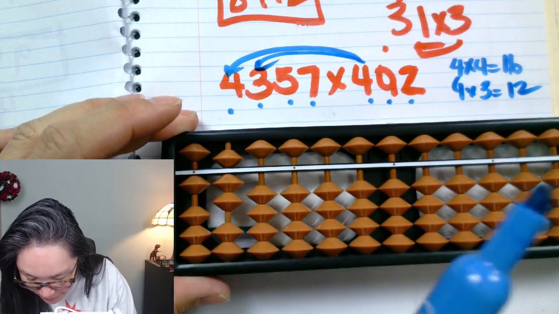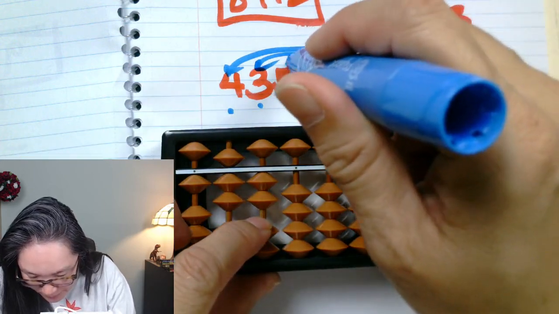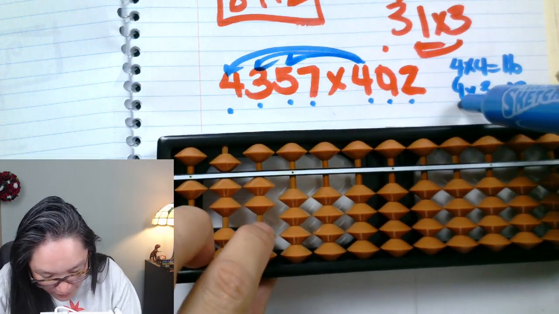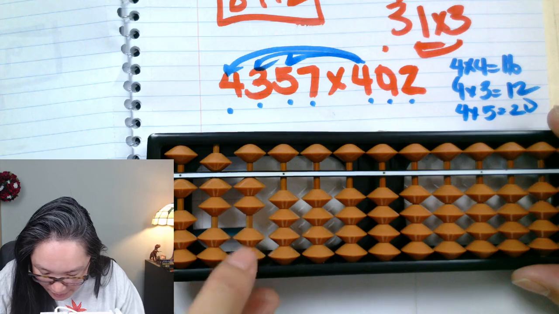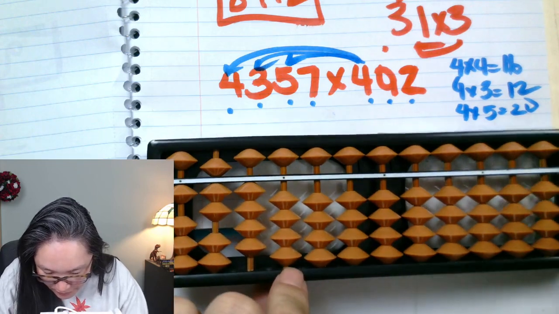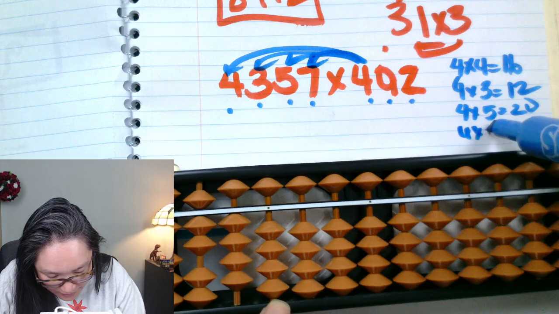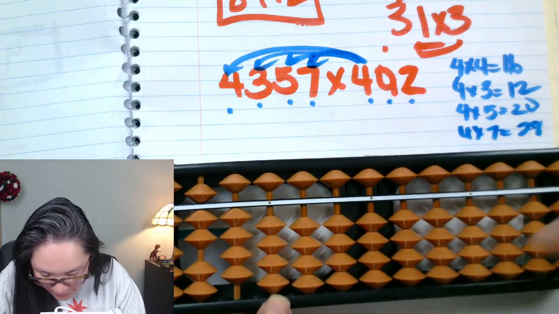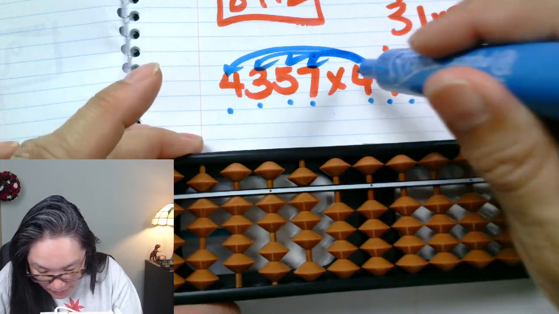I add my 1, I add my 2. 4 times 5 is 20, right? I add 2, I add 0. 4 times 7 is 28. Add 2, add 8. All right, so we're done with this.